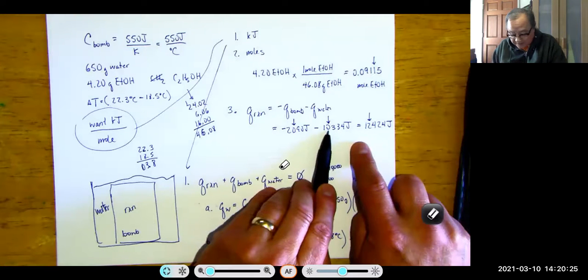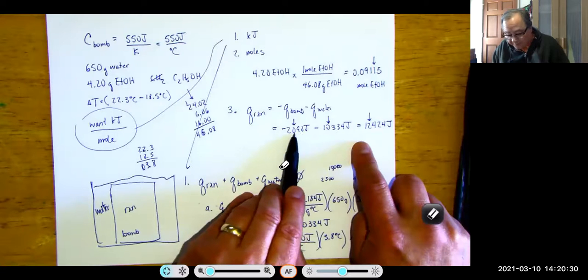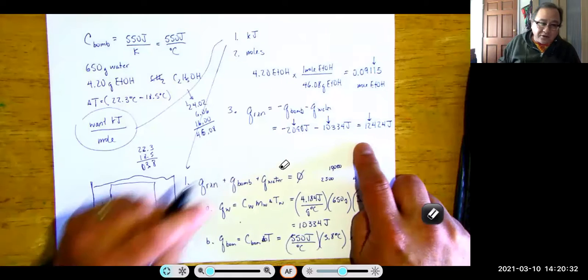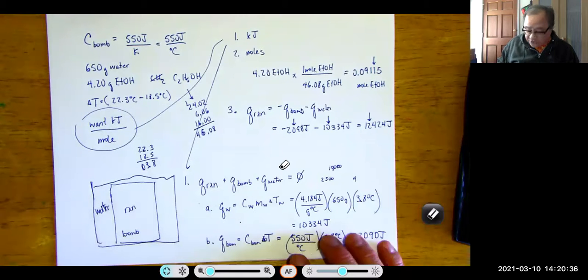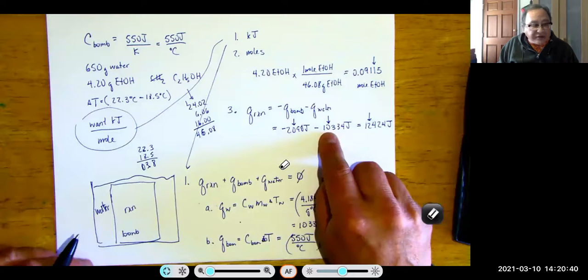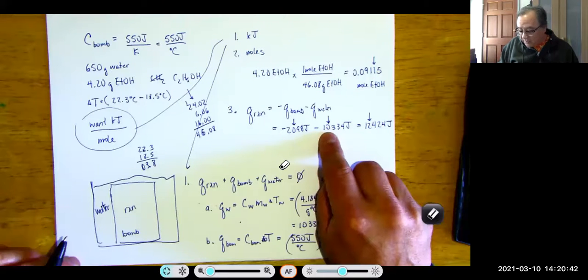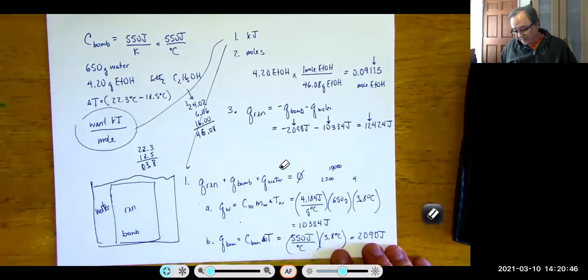This is 1, 2, 3 places to the left of the decimal. The farther you are from the decimal to the left, the less precise. So we would round to this place, which I call the thousands place. So how do we round 12,424 to thousands? It'd be 12,000, right?